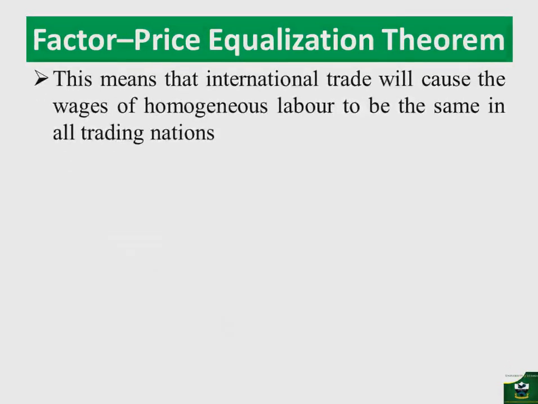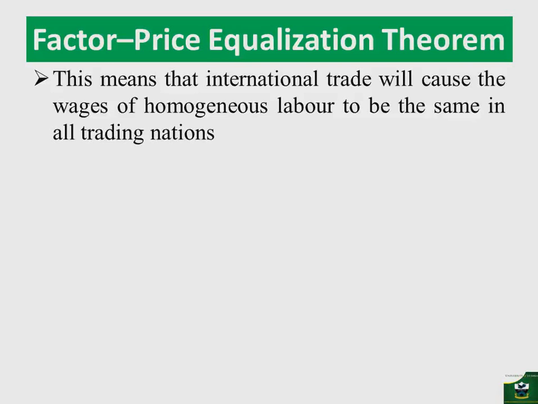Now, this means that international trade will cause the wage of homogeneous labor to be the same in all trading nations. Because if both nations are producing both commodities and labor is very expensive, say in Zambia, as compared to, say, Malawi, it means that most people in Malawi would want to come and work in Zambia.